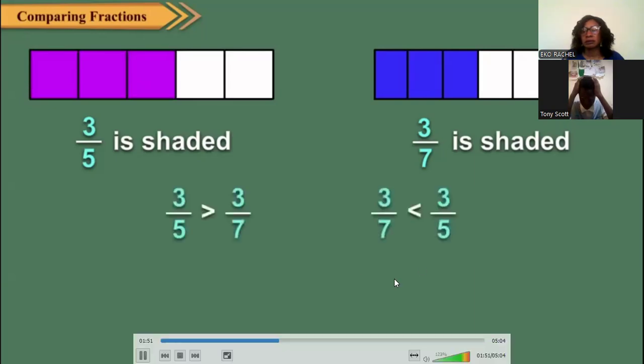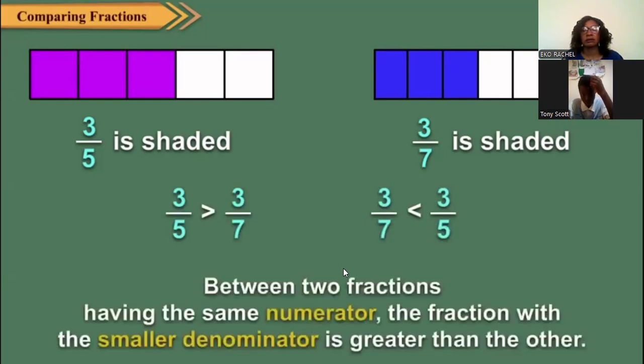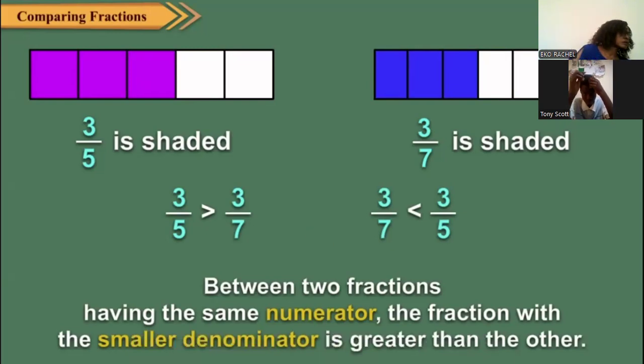Thus, 3/5 is greater than 3/7, or 3/7 is less than 3/5. See, between fractions having the same numerator, the fraction with the smaller denominator is greater than the other.